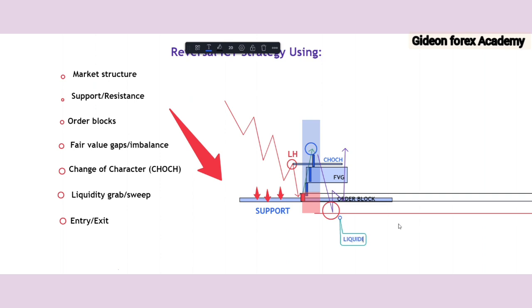Normally there is a spike that takes out stop losses, a long wick that takes out stop losses here before we can see the reversal all the way. That's why this is called a reversal strategy.